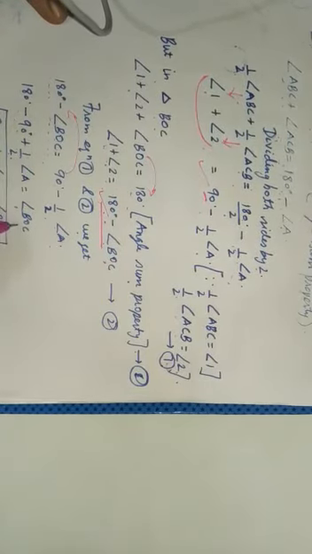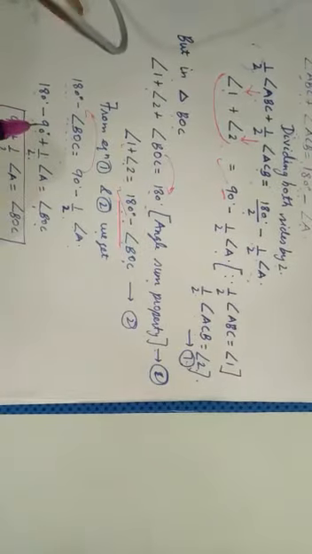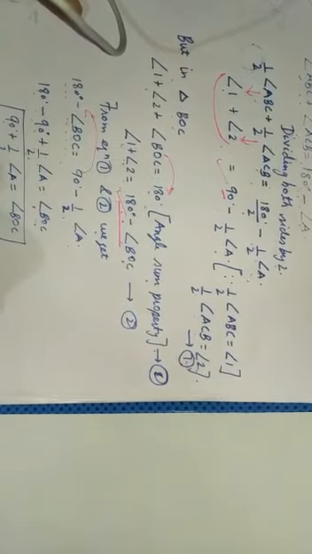So I shift all these values: 180 minus 90, I will get 90, plus half angle A equals BOC.